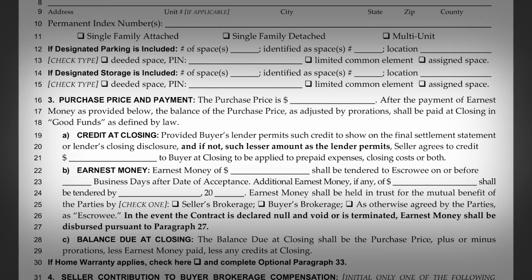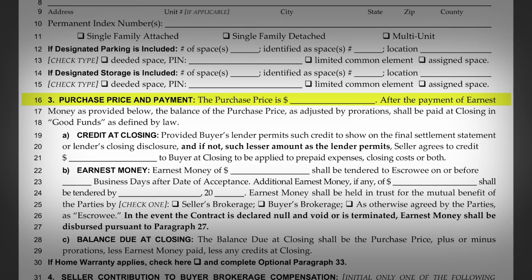Next, starting on line 16, paragraph 3. You're talking about purchase price and your payment, and this is your offer price for your client. So you put in your purchase price, and what they've done now is everything in relation to any kind of the monetary stuff is on page 1, which is fantastic, and all the important aspects are on page 1.